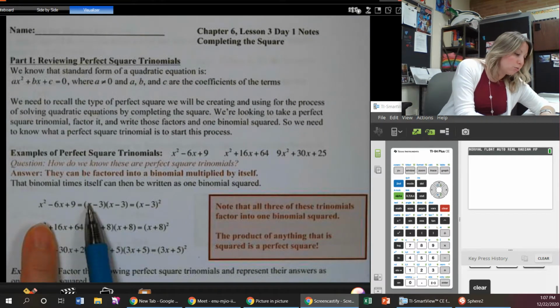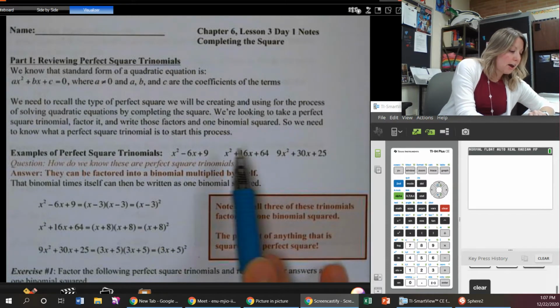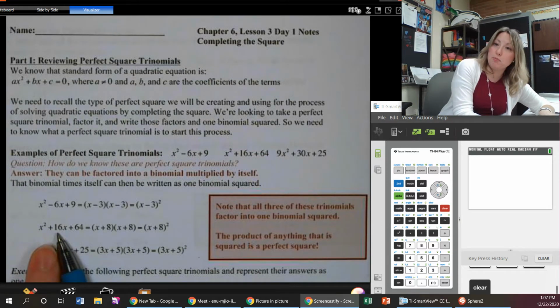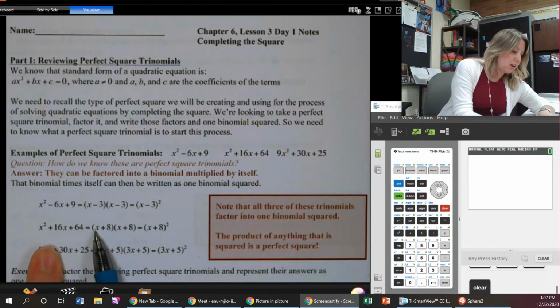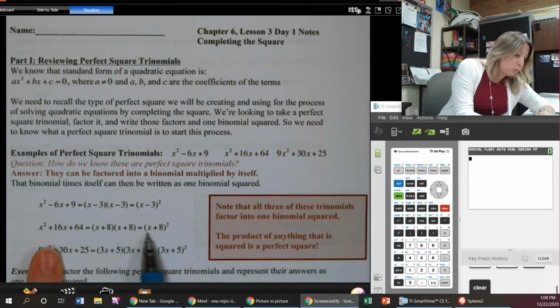So I could write this as x minus 3 squared, because it's a number times itself. x squared plus 16x plus 64 is a perfect square trinomial because the factors of 64 that will add to give me 16 are positive 8 and positive 8. So x plus 8 times x plus 8 is the factored version, which means that I could write this as 1 binomial squared.